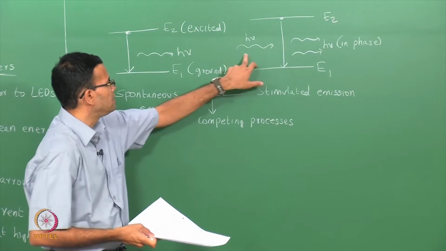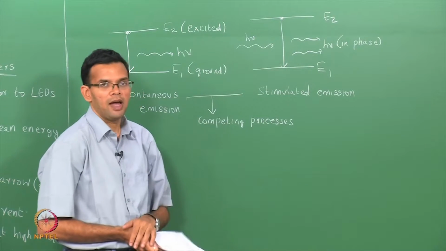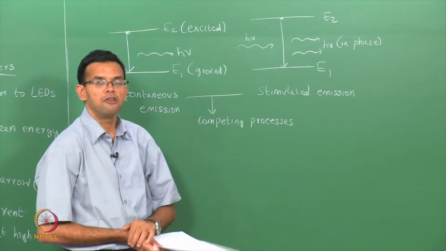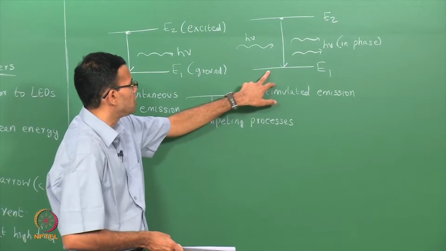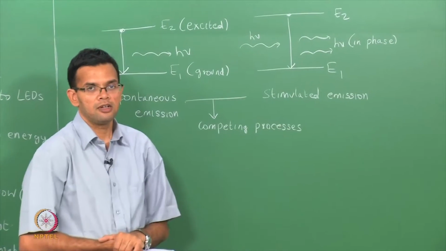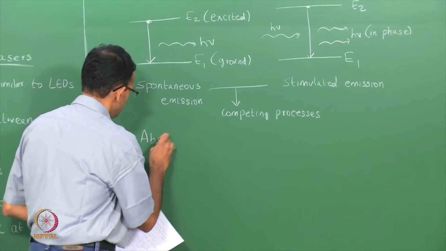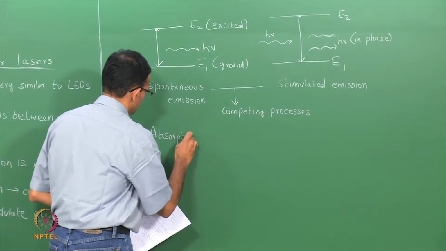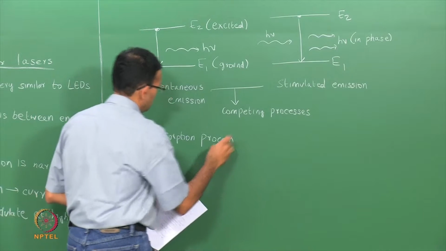When we have an incident light, instead of causing an electron to fall back from the excited to the ground state, this light can be absorbed by an electron in the ground state and take it to the excited state. So, an absorption process can also occur.